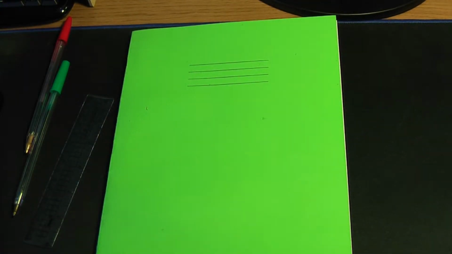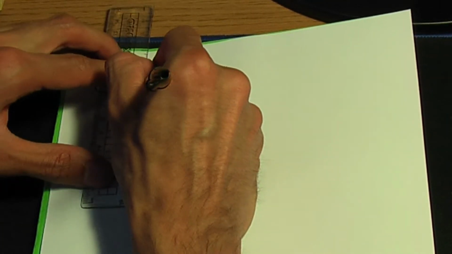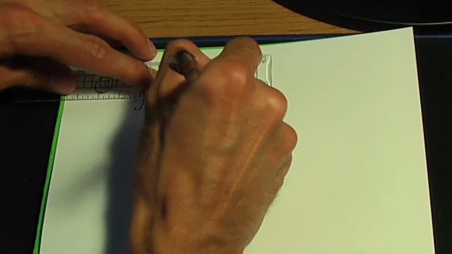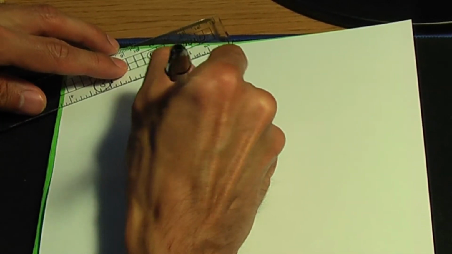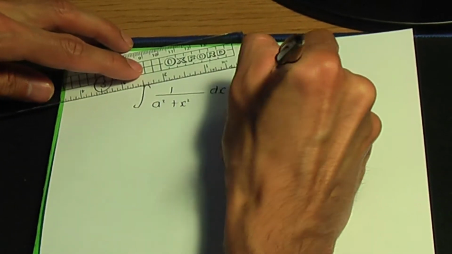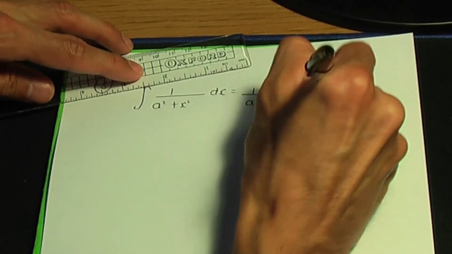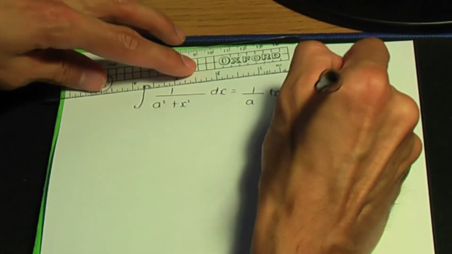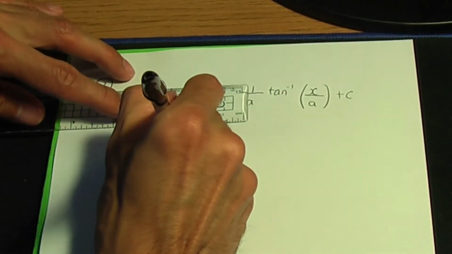Now let me go through the tan inverse related result. Let me prove another result. So let me prove the tan inverse result. So whenever you integrate 1 over a squared plus x squared with respect to x, the result is 1 over a tan inverse x over a plus c.